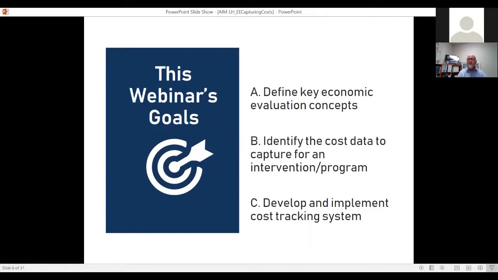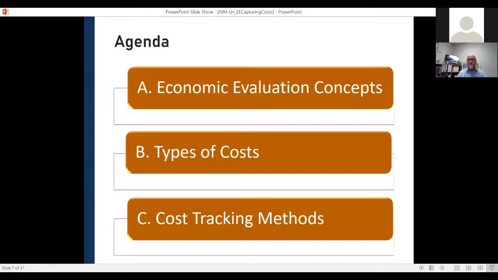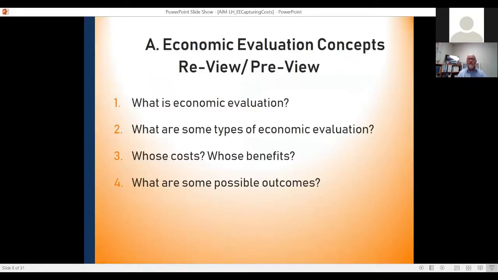Then we'll talk a little bit about how to identify cost data and be able to capture that for an intervention or program. And then in the third section, we'll talk about developing and implementing a cost tracking system. So again, this is our agenda for the day, basically what I just said in terms of the goals. So let's dive right in with the first part.